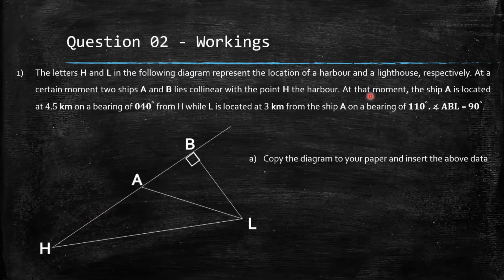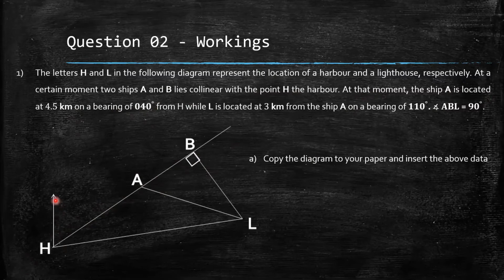And at that moment, when A and B lie collinear with H, the ship A is located at 4.5 kilometers on a bearing of 40 degrees. Once it says 40-degree bearing, it is measured from north. So this will be my north direction.